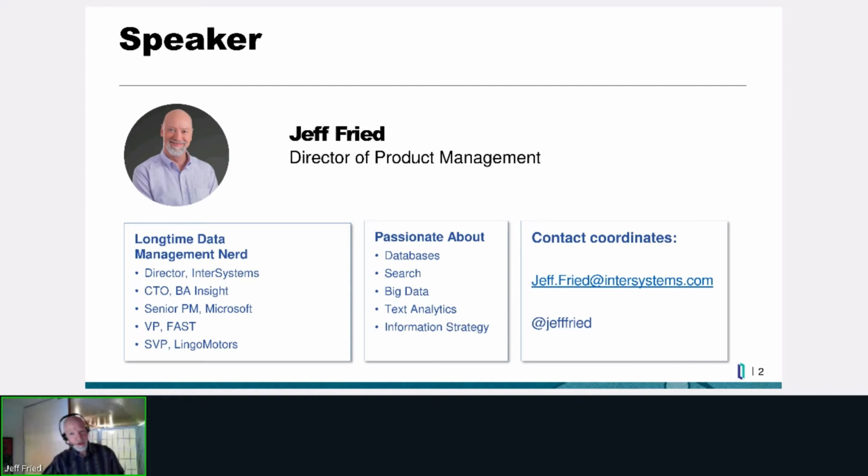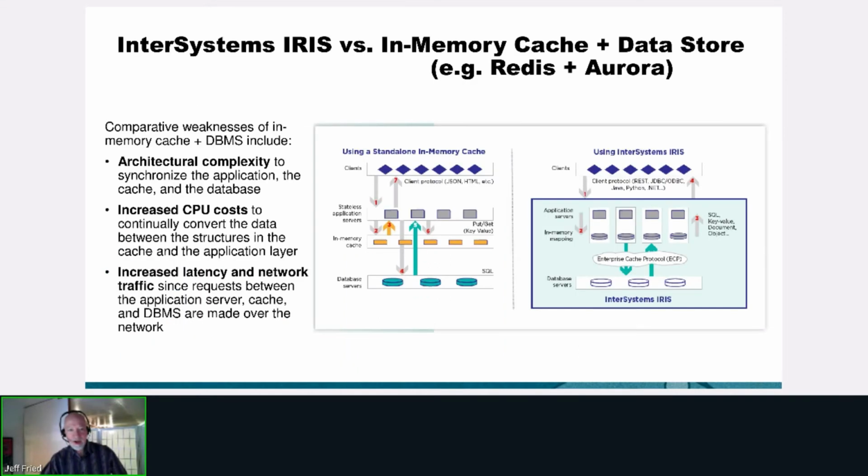Mick already introduced me, so I won't spend time on this, other than to say I'm an old guy. I've done many projects and have lots of scars to show for it.